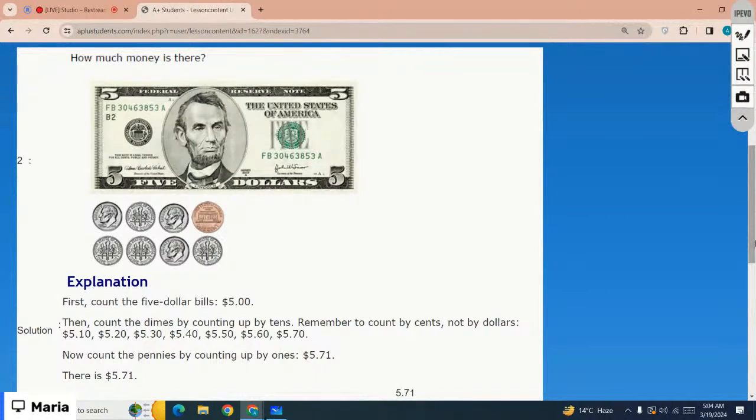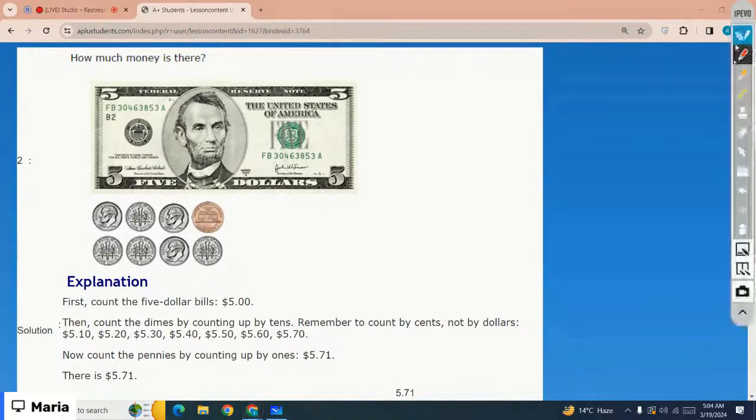How much money is there? The first one is the $5 bill. Now you have to count the coins, right? You can count the dimes by tens, right? So you have to count by cents, not dollars. You have 7 of the dimes, right?